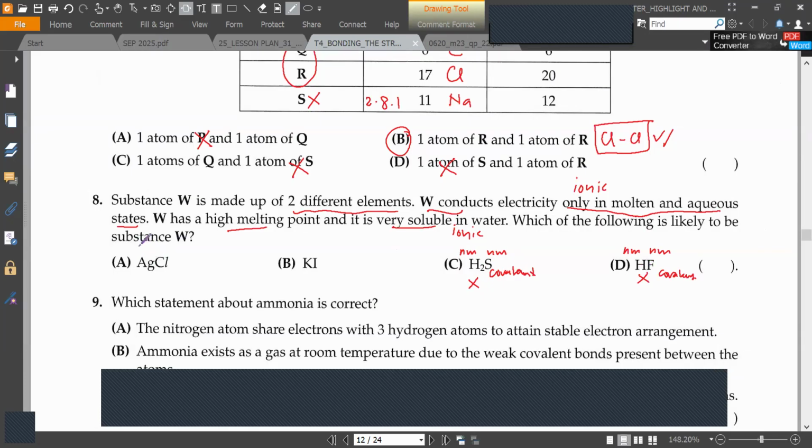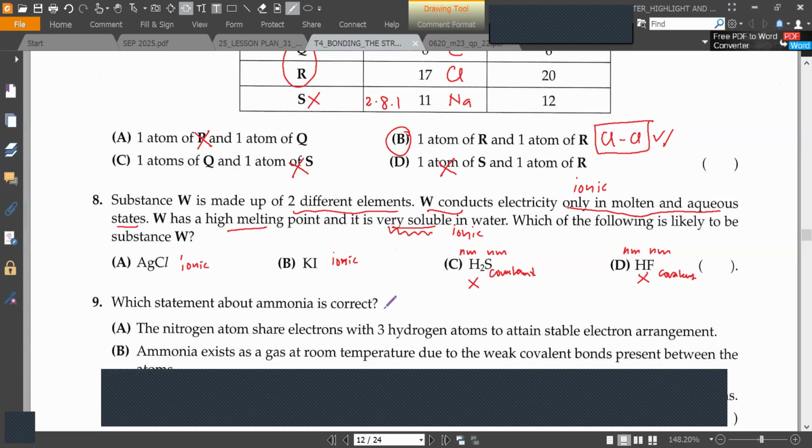AgCl, silver chloride: metal plus non-metal, so this is ionic. Potassium iodide: metal, non-metal, so this is also ionic. These are both ionic, no problem. But it has to be very soluble in water.